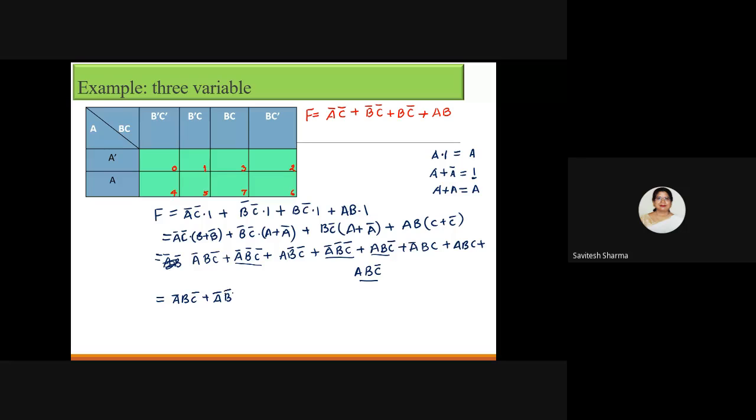So I will write A complement B complement C complement. This is how to convert a standard form into the canonical form, using the laws of Boolean algebra.